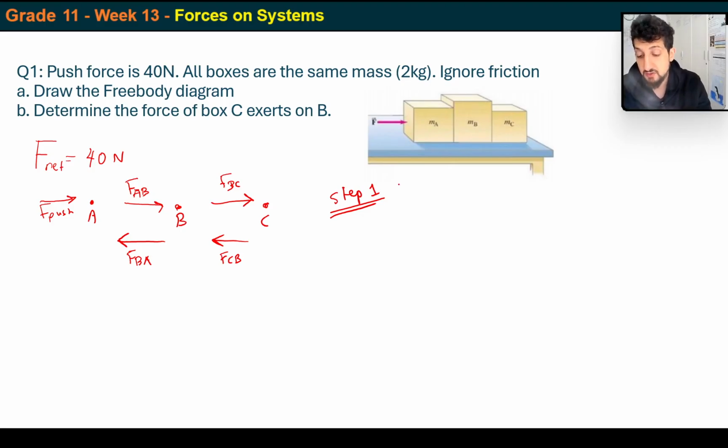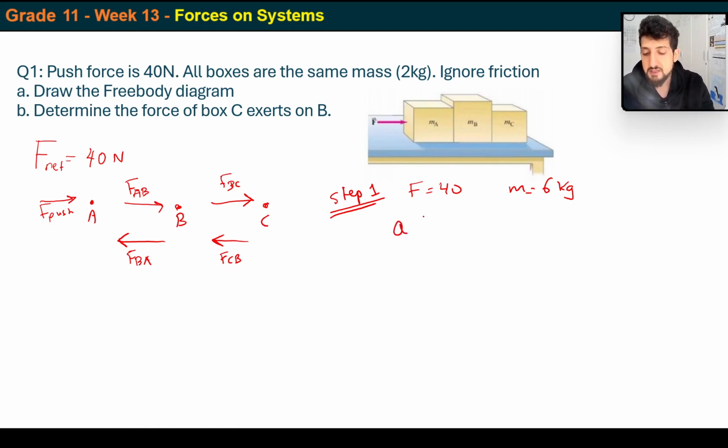So the net force on the system is going to be 40, while the mass of the entire system is going to be 6 kilograms, and that's because each one of those is 2 kilograms. Even though they're different sizes, they have the same mass. So 2 kilograms each, a total of 6 kilograms.